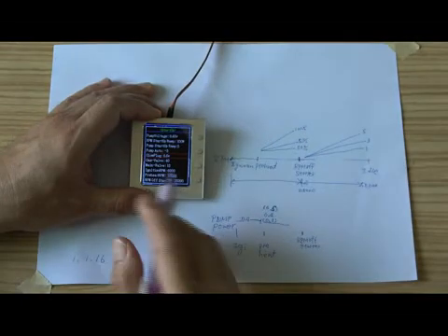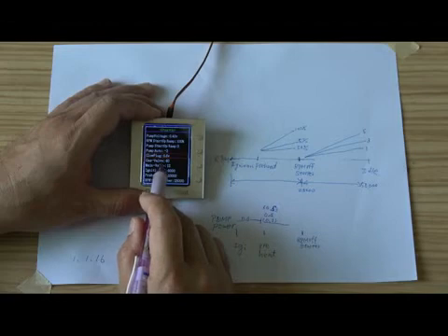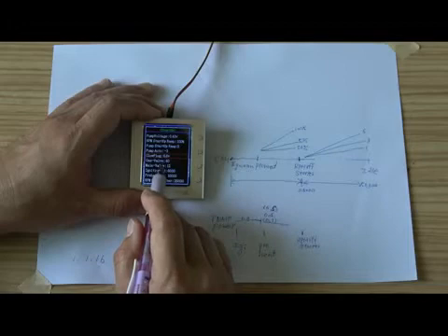Okay, next is glow plug voltage. Normally, we recommend 6.6 or 6.8 for a new turbine. The glow plug is like a lamp.